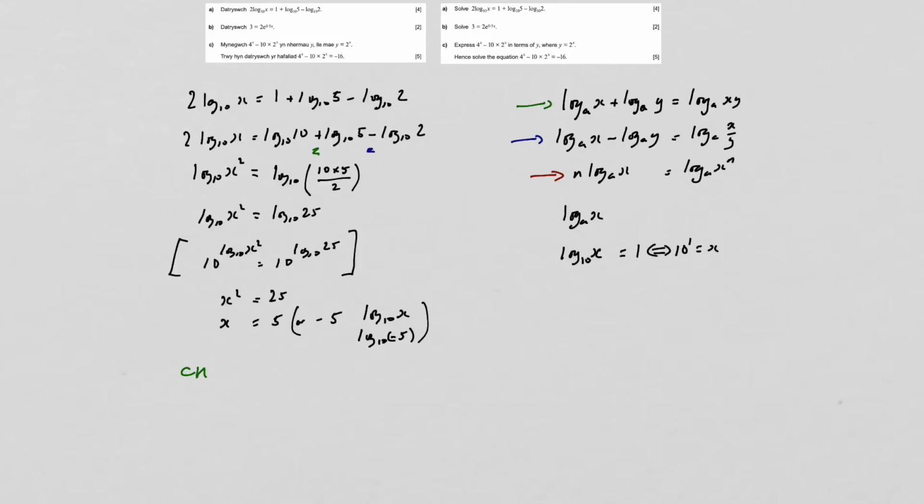So for this question, we could put 2 log base 10 of 5 into the calculator, find out what it is. I'm not going to bother doing that. And then you could do 1 plus log base 10 of 5 minus log base 10 of 2. And if they're both the same, then chances are you've done the question correctly.